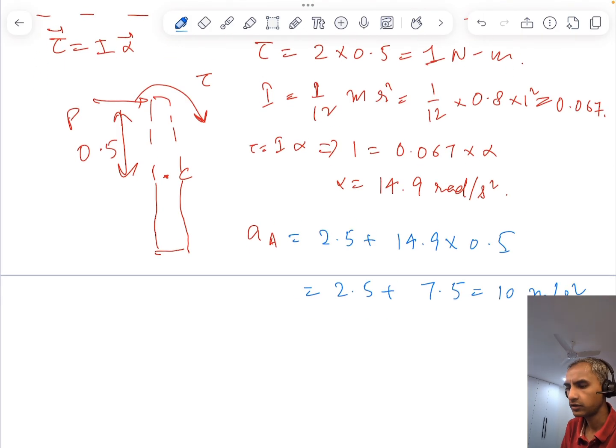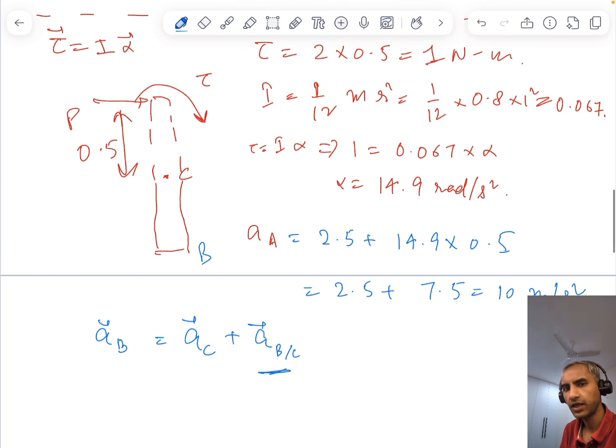Similarly, we can find out the acceleration of point B. That would again be acceleration of point C plus acceleration of point B with respect to C. And of course this again would have two components.